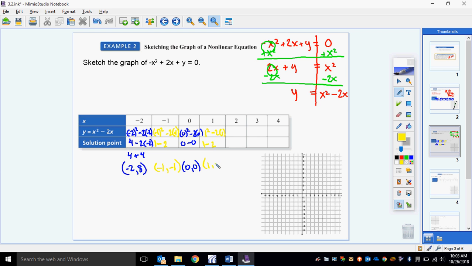When I plugged in 1, I got a negative 1. And keep filling in the rest of the chart. So I know that this is tedious, and that's why most people don't like to use this method. But it is, like I said, used as a last resort in some cases when you don't have any other method that you could possibly use.